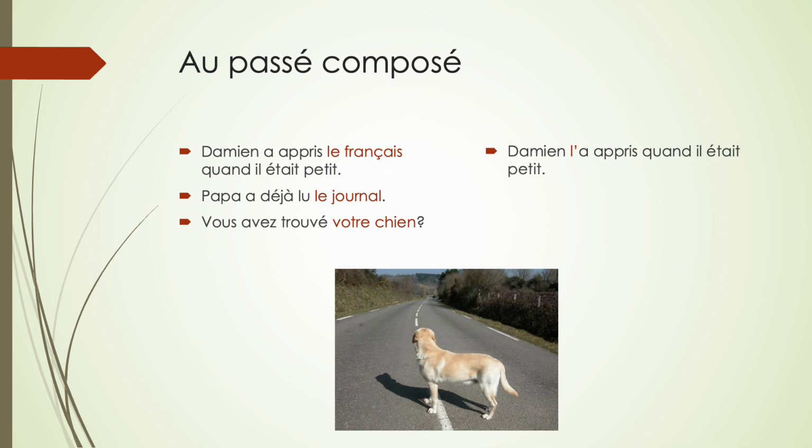Papa a déjà lu le journal. Papa l'a déjà lu. Vous avez trouvé votre chien. Votre chien is going to be le once again. And it's going to go in front of the helping verb. So it's going to be vous l'avez trouvé.